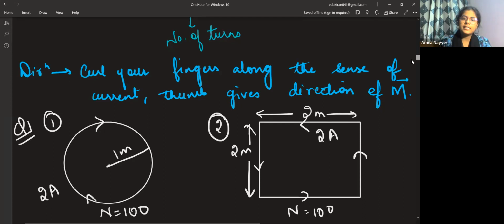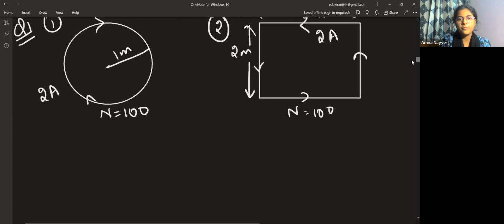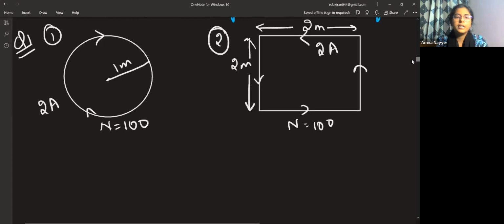Like see these two questions. This first question here, a circle has been made. A circular coil is present. 2 amperes of current is flowing. 1 meter is the radius of it. Number of turns is 100. Fine. So magnetic moment, the formula is NIA.